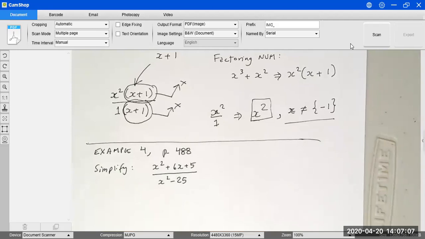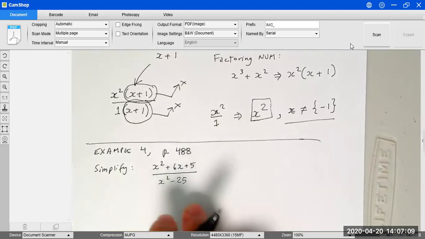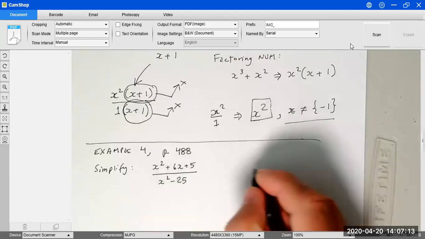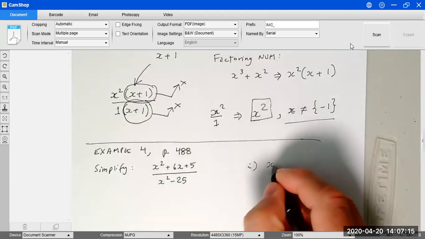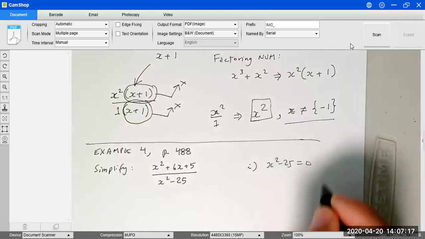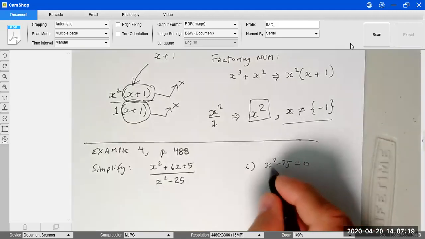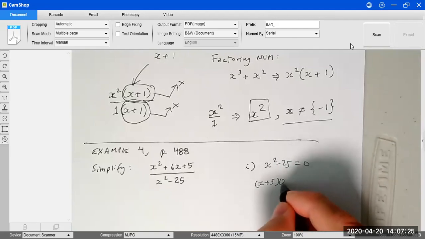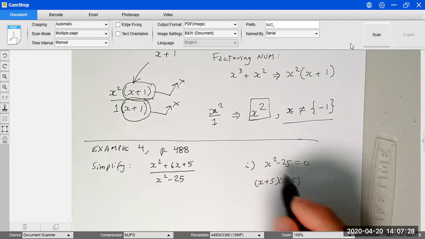So first, remember, we need to find restrictions. You can find the restrictions just by equating this denominator to 0. You can factor the left-hand side by using a special product. You're going to find that it's x plus 5 times x minus 5, because the difference of two perfect squares can be written in this way.